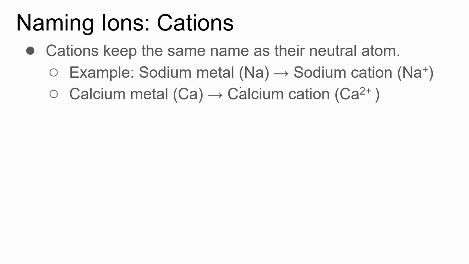Calcium metal, now a cation, we still call it calcium. So you just figure out its name on the periodic table and call it that. Not too hard. For cations, like sodium chloride, the first part, sodium, we're talking about a cation, but we just call it sodium.